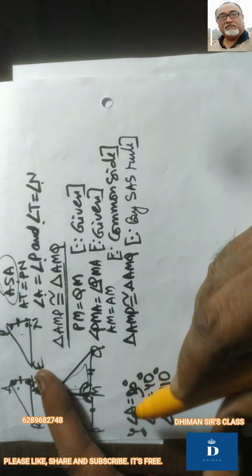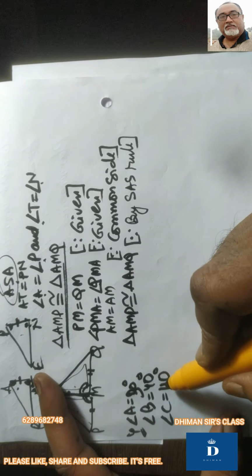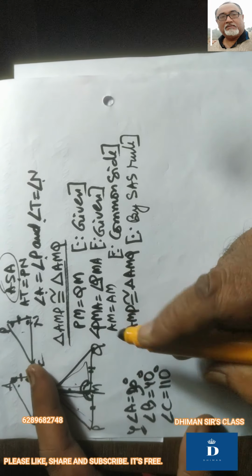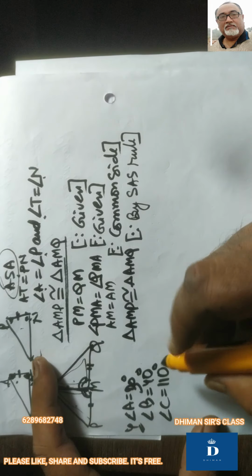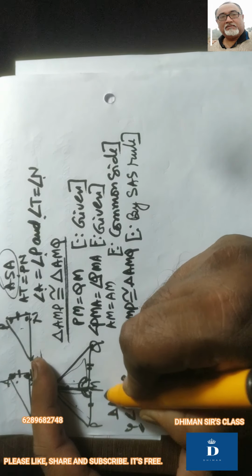See, let us check up. Sum of the three angles should be 180, 110 plus 70, 180. Okay.